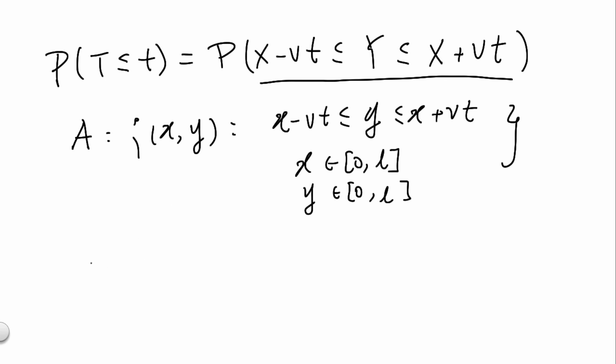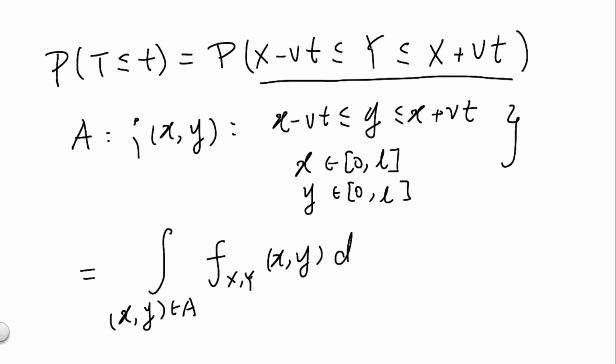Now that we have A, we can express the above probability as the integral over all pairs X and Y within the set A of the PDF f of XY, little x, little y.